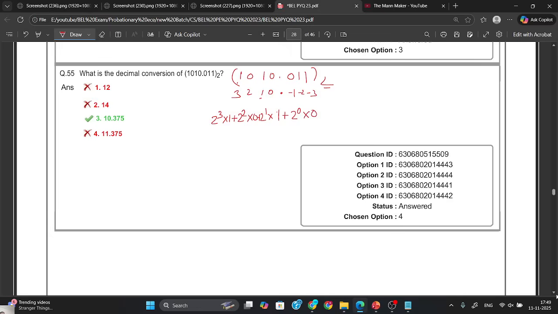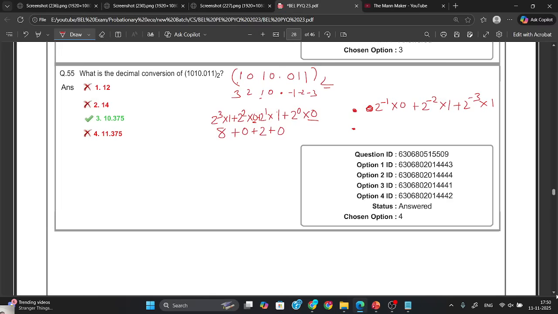And after that we need to do the fractional part. So after the dot it will be 2 to the power -1 into 0 plus 2 to the power -2 into 1 plus 2 to the power -3 into 1. Okay. Now you need to calculate this one. This one will come 8 plus this will become 0. This will become 0 because of multiplying by 0, and this one will be 2. And here again multiplying with 0 means 0.